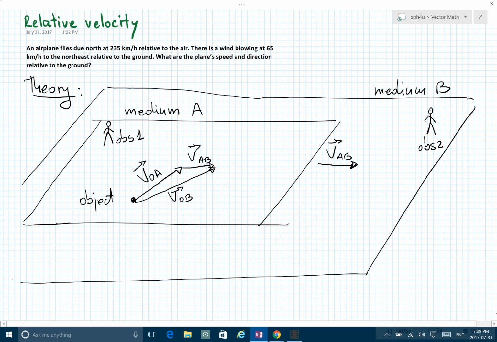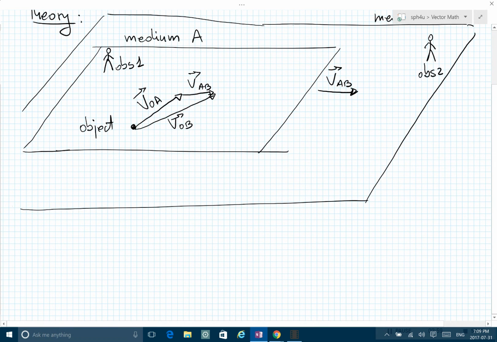All right. So in general, this is what observer 2 observed, and this is what observer 1 observes.